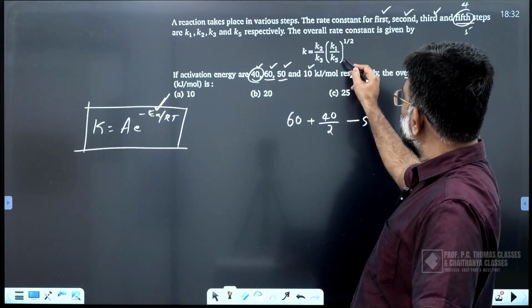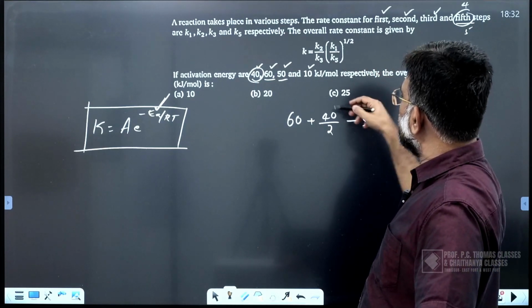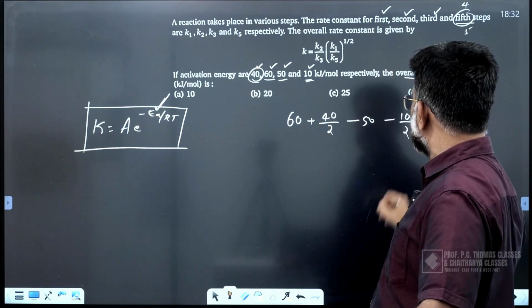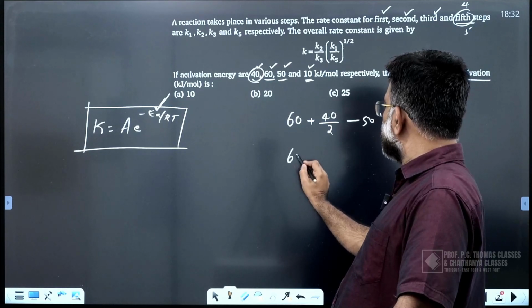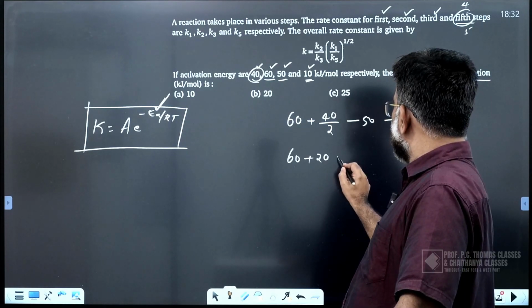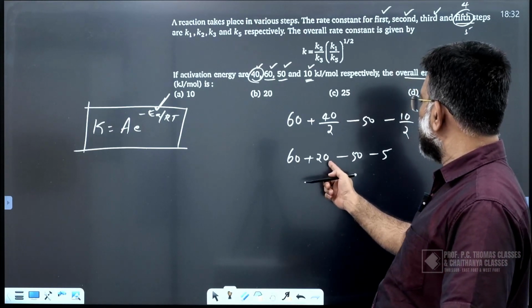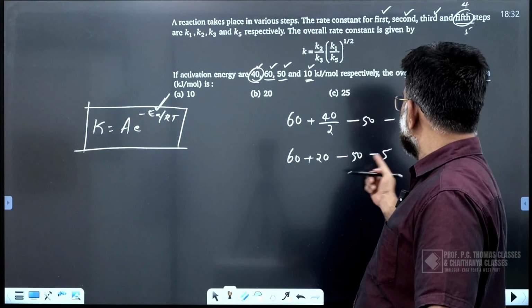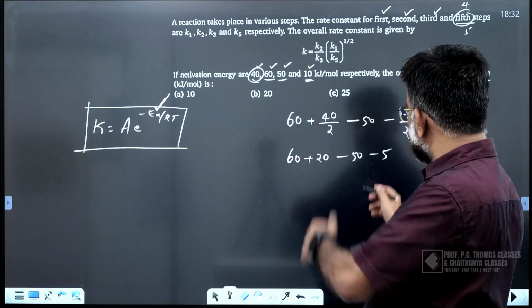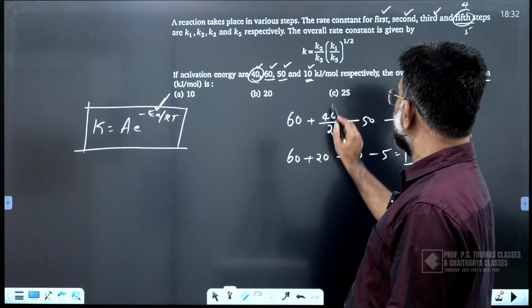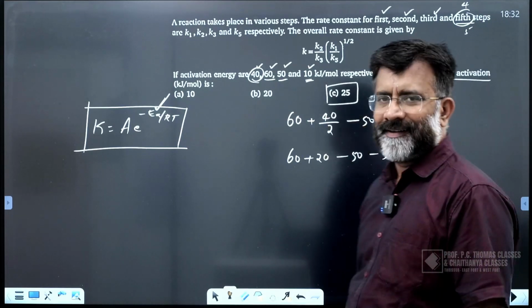And K5 raised to half, minus again, so it will be minus 10 by 2. So how much do you get? 60 plus 20 minus 50 minus 5. 60 plus 20 is 80, 80 minus 50 is 30, minus 5. So it is 25, the final figure. Option C is the correct answer.